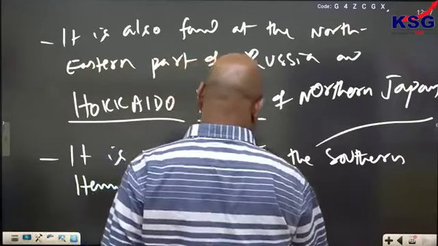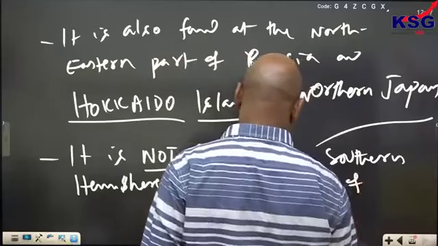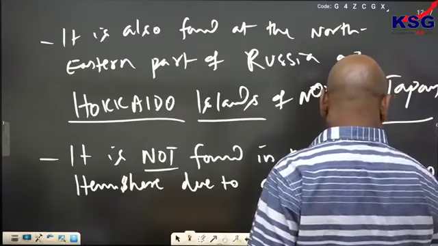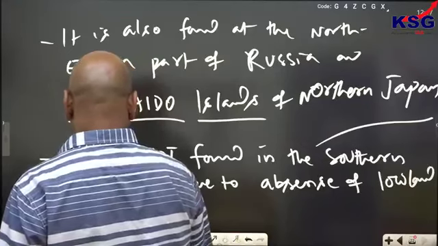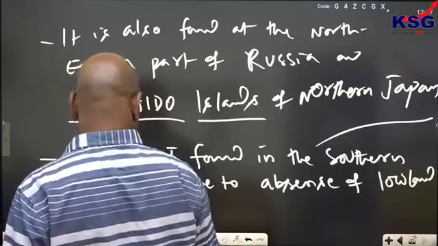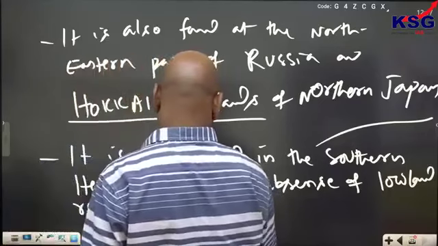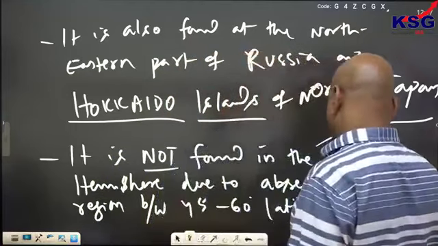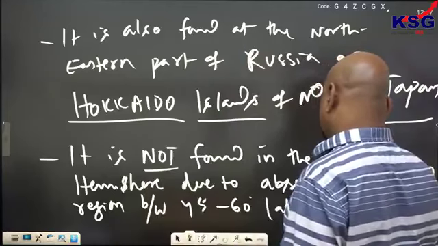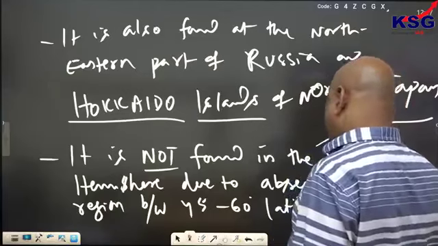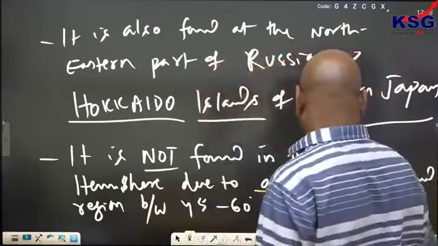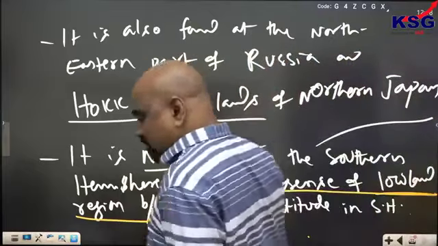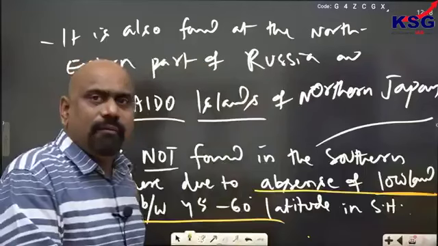due to absence of lowland region between 45 to 60 degree latitude in the southern hemisphere। Absence of lowland between 45 to 60 degree latitudes, 45 से 60 डिग्री लैटिट्यूड। Absence of lowland region is there, 45 to 60 डिग्री में। मतलब क्या है?